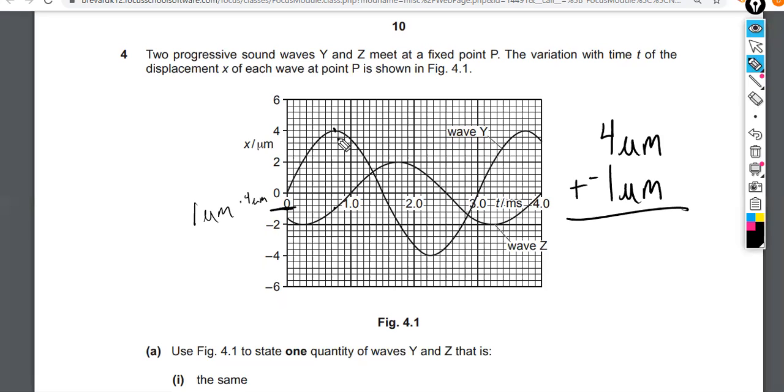And because they're superposing, because they're coherent waves that are meeting in space, they're interfering, we're applying the principle of superposition. So the actual intensity of the sound wave is related to the amplitude here, 3 micrometers. The actual amplitude, in other words, the combined wave at this point is right in between 2 and 3, so it'd be right here. So this would actually be the sum.